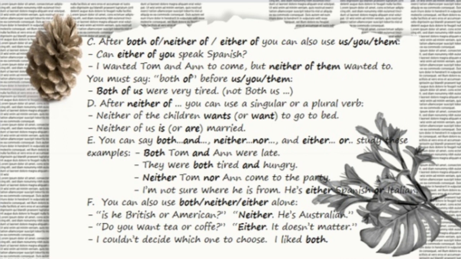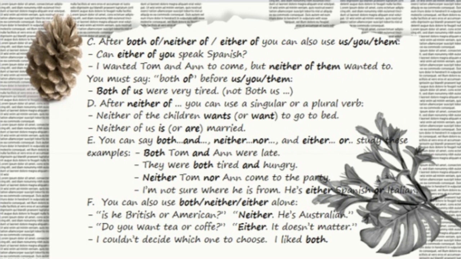For example, can either of you speak Spanish? I want Tom and Anne to come, but neither of them wants to. You must say both of before us, you, and them. For example, both of us were very tired. It means not both us.